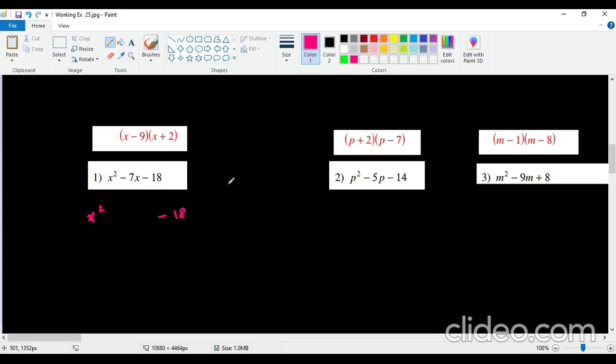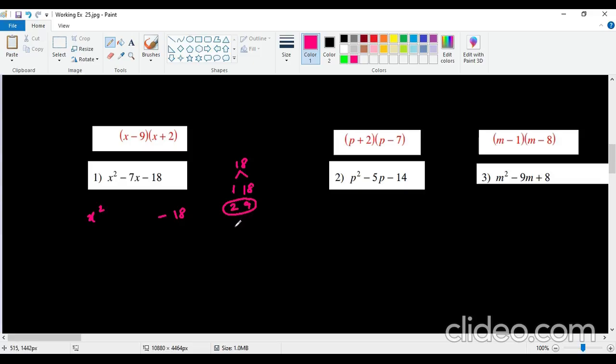So in here, I know very well how 18 can be factorized. 18 can be factorized as 1 times 18 and 2 times 9. These are the factors that can multiply together to give you 18. Now in here, these two are the numbers that can give you a 7, which is the middle term of this expression.